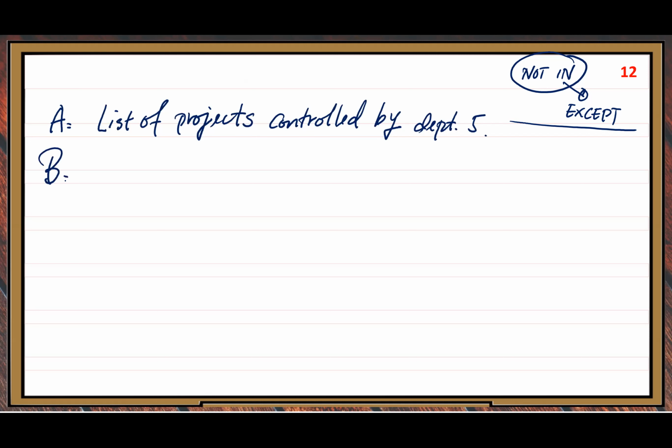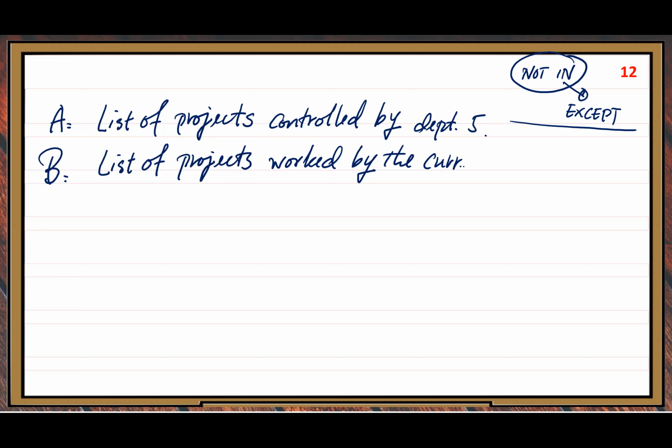Set B is the list of projects worked by the current employee. All right, set A, set B.